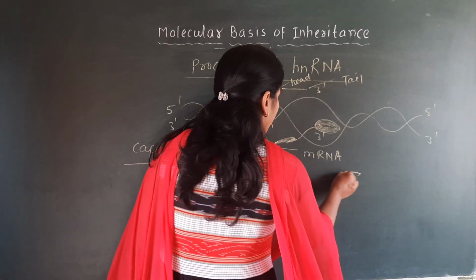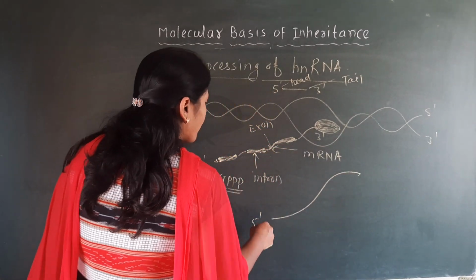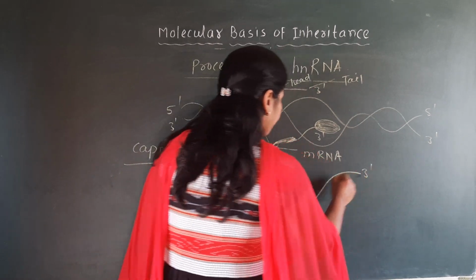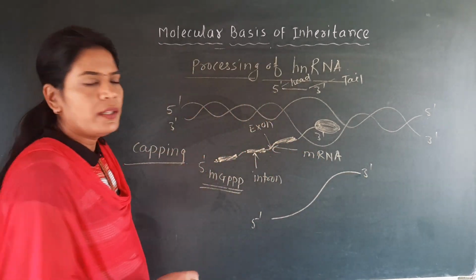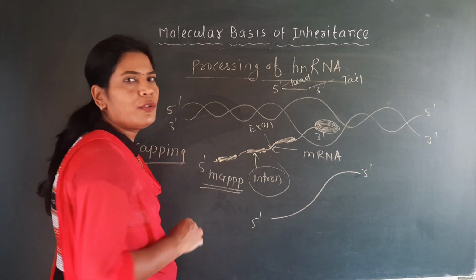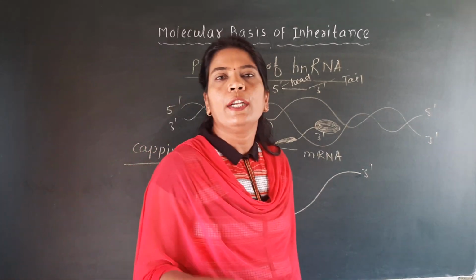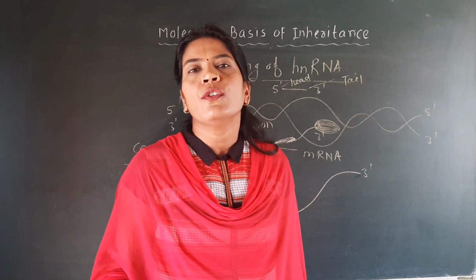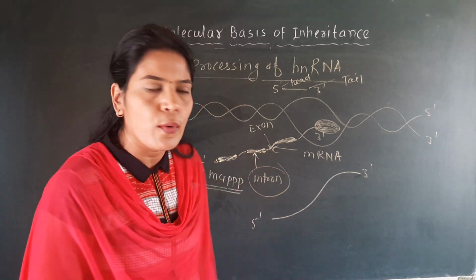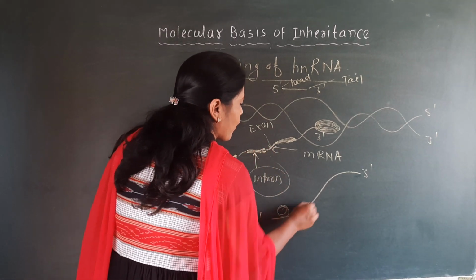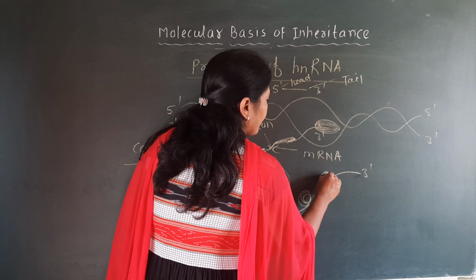Then the next step: we have to remove this intron because these are non-coding sequences. They do not form any protein, so this non-coding sequence should be removed. See here, these are the introns.